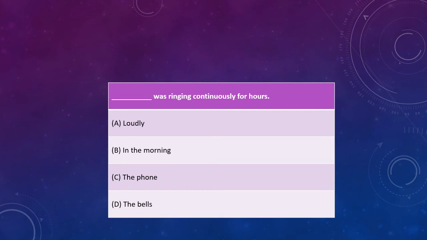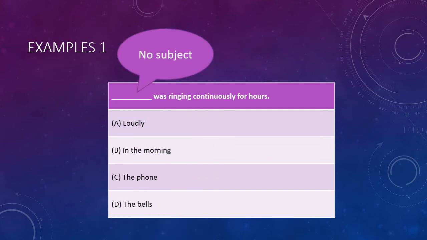So in this one, there is was, which is for singular. So which one is the answer? Right, the answer is the phone, because the phone is singular. Okay, that's how you analyze a question in a TOEFL test.